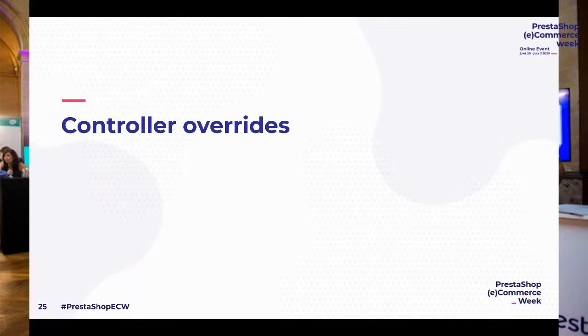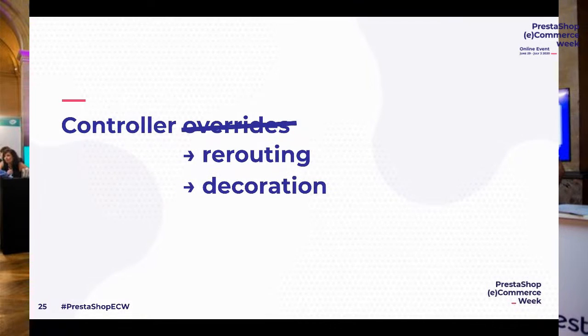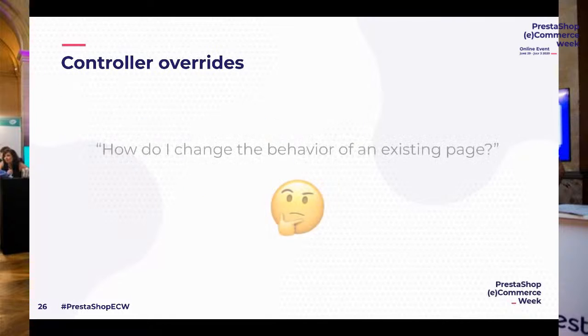Next up is controller overrides, or should I say rerouting and decoration. So controller overrides answers a question that we are having more and more, which is how do I change the behavior of an existing page? So there are many ways to change how a core page works.